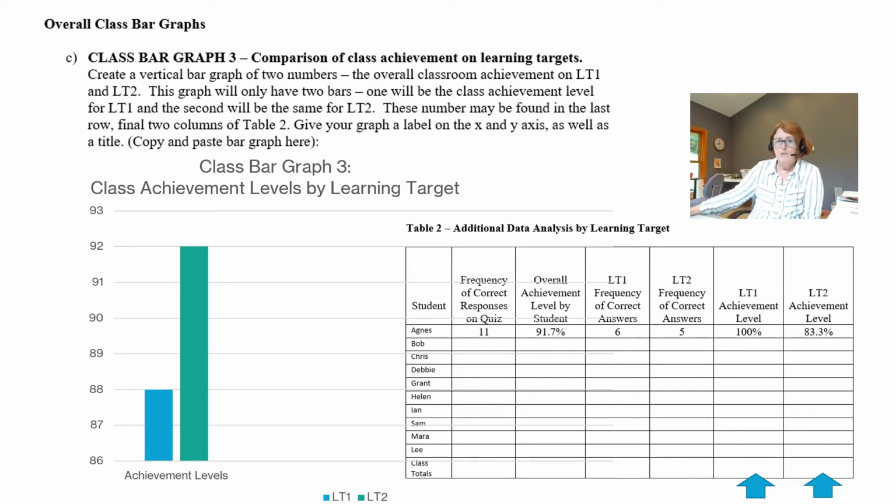Just 2 bar graphs with whatever those overall class averages are for the percentage correct. That is, if you took all the student scores and averaged them, all their achievement levels, and averaged them, what would it come to? Because you want to see which learning target your class did better on. If these were the actual numbers, you could say that they did better on Learning Target 2. But again, these are dummy numbers.